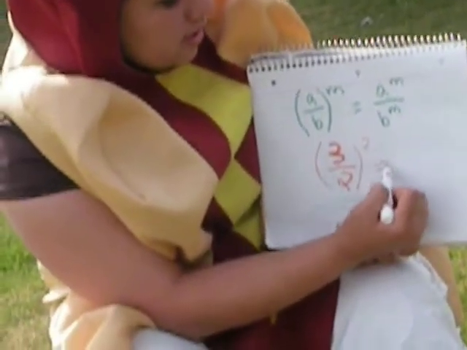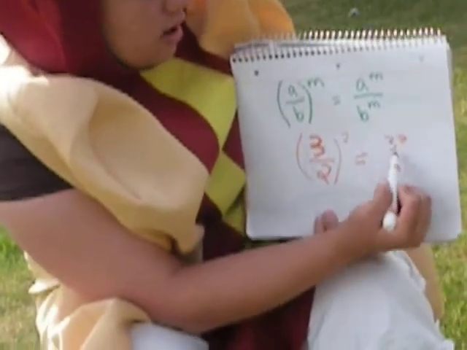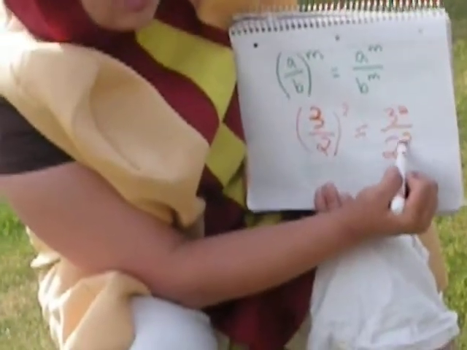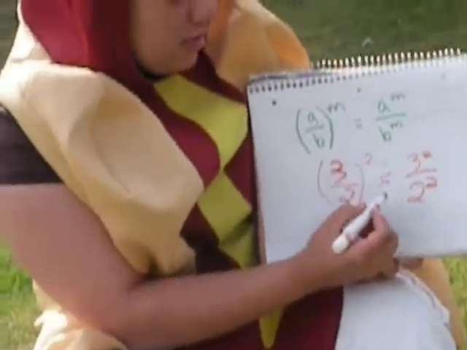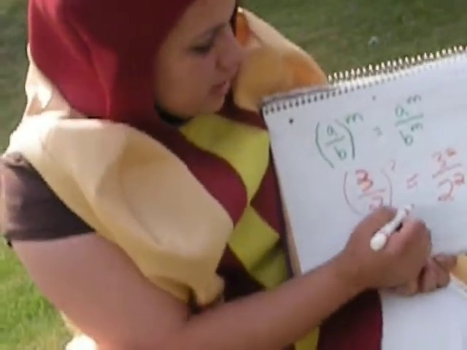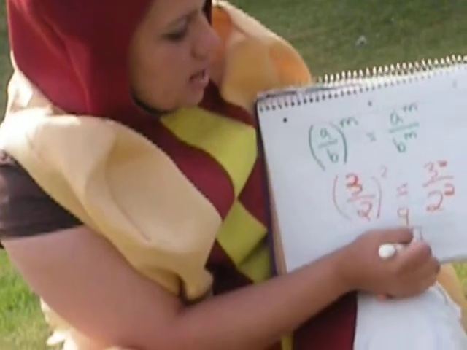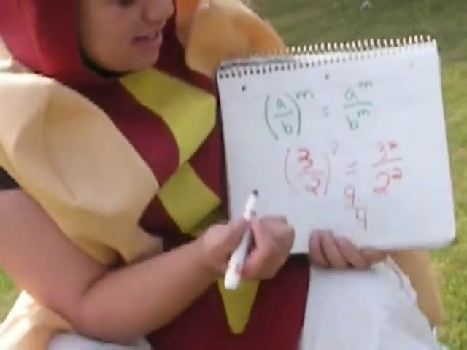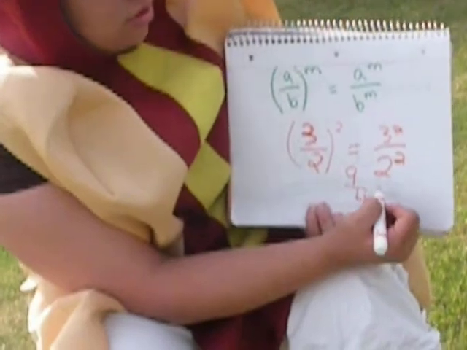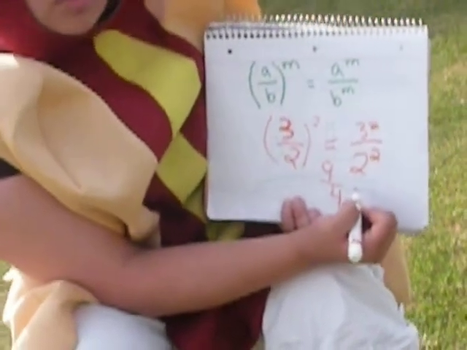And then you get 3 to the 2 over 2 to the 2. Very simple, like we did before. 3 to the 2 is 9. 2 to the 2 is 4. You get 9 over 4. You can simplify that if you want. 2 and 1/4. There you go.